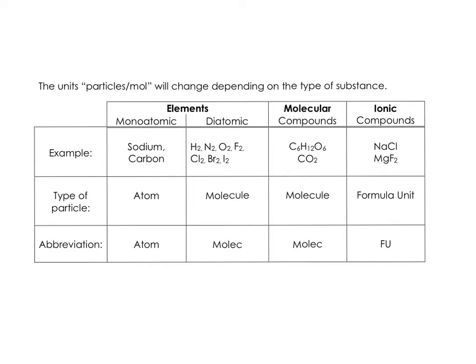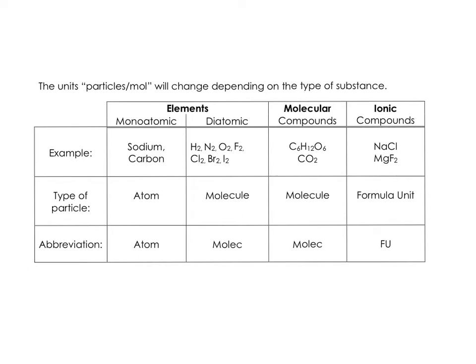So, elements. We can either have monoatomic elements or diatomic elements. Monoatomic elements are all the elements that are not diatomic, and there's only 7 diatomics. Monoatomic elements will have atoms.